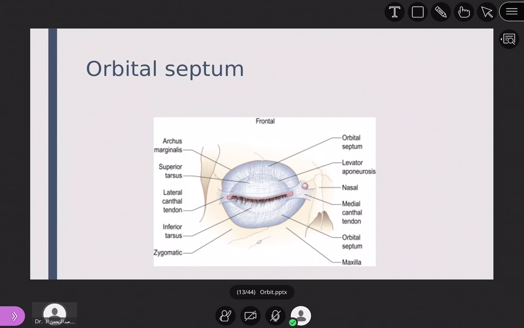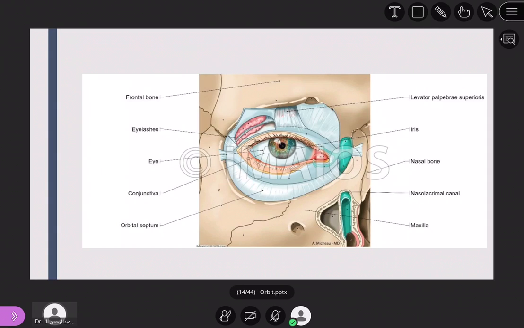Orbital cellulitis is inflammation inside the orbit, meaning behind the septum. However, in preseptal cellulitis, the inflammation is anterior to the orbital septum, meaning the orbit is still not inflamed.